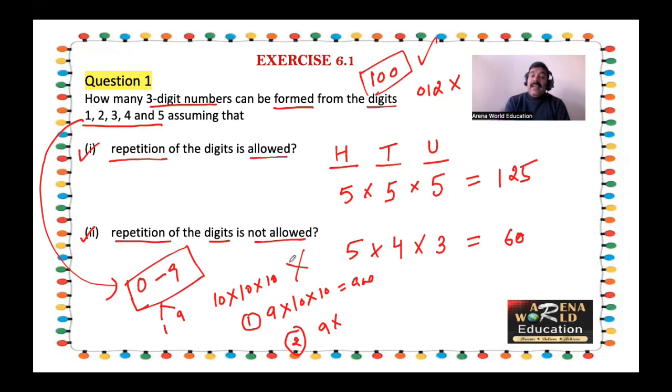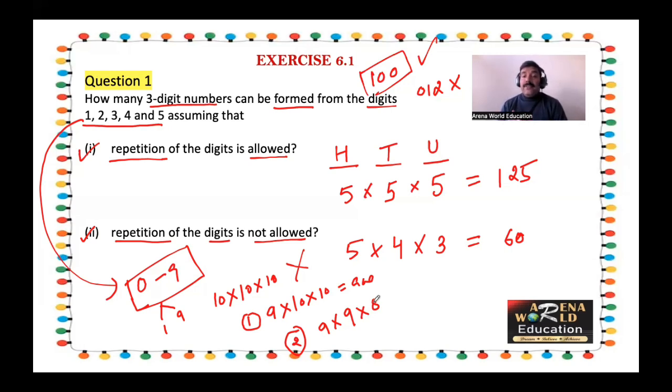So 8 are non-zero digits and 1 is 0, so 0 is also possible for the tens place. So in total we now have 9 digits, so 9 into 9 into 8. This will be question number 2.